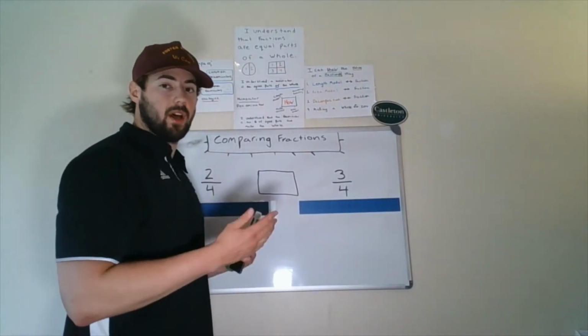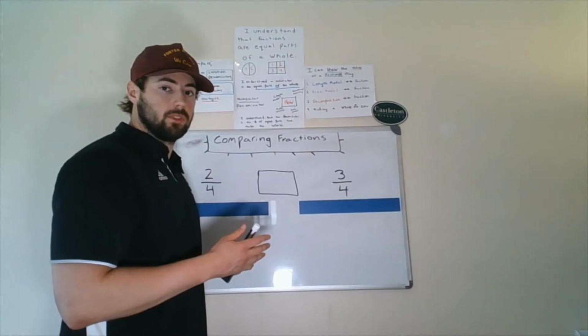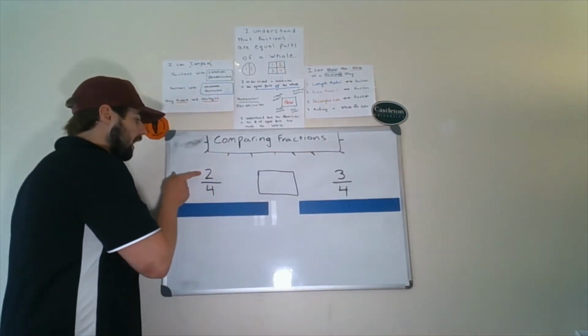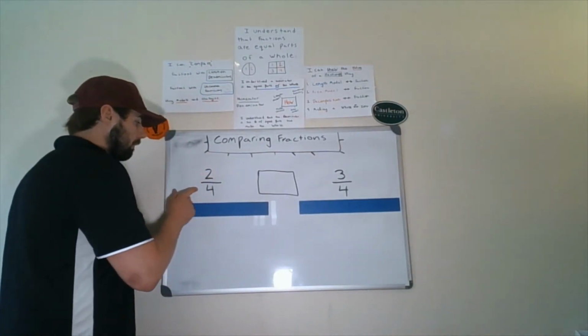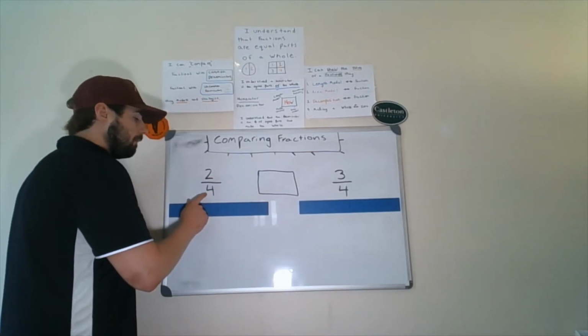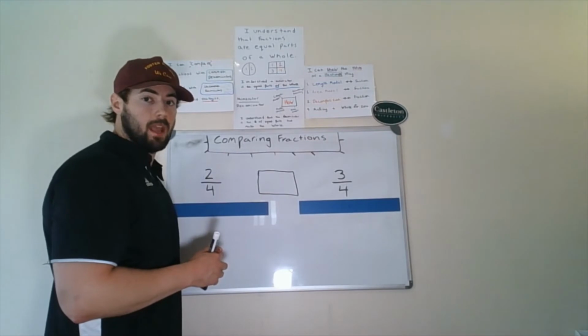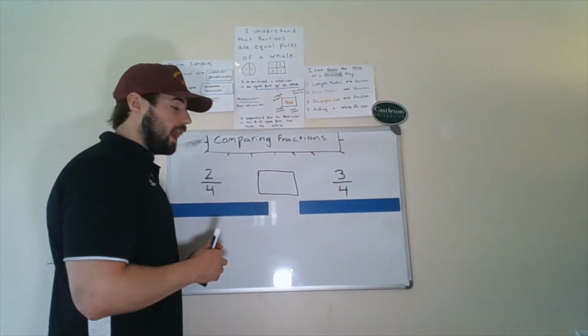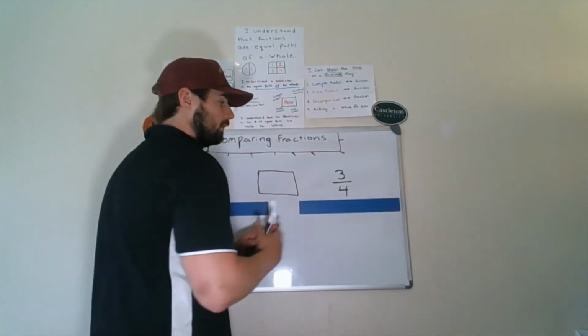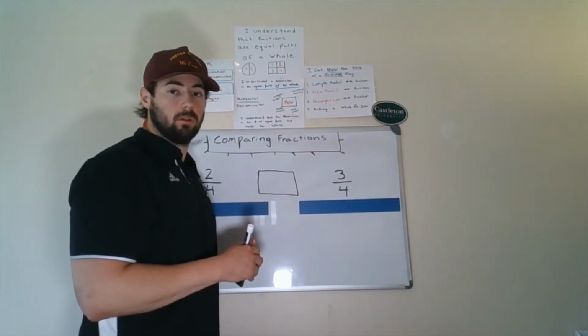Common means the same. So our parts that make the whole are the same. And they are the same size if we're comparing to the same whole.